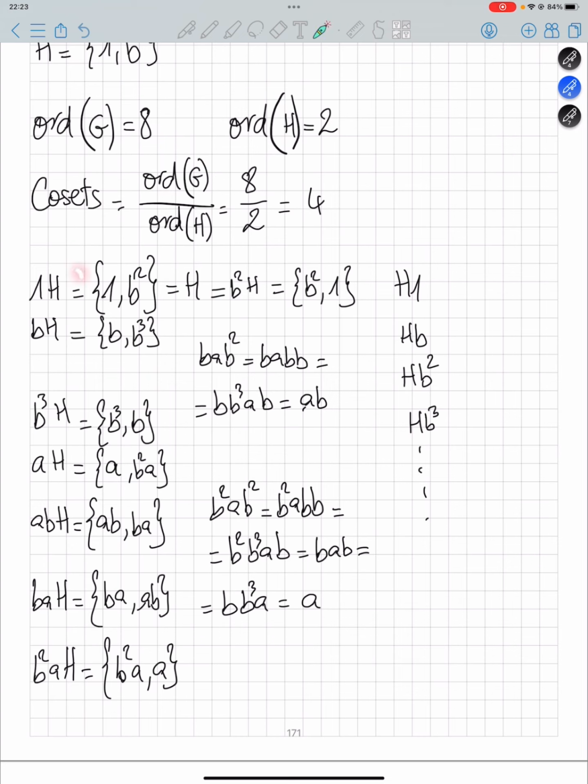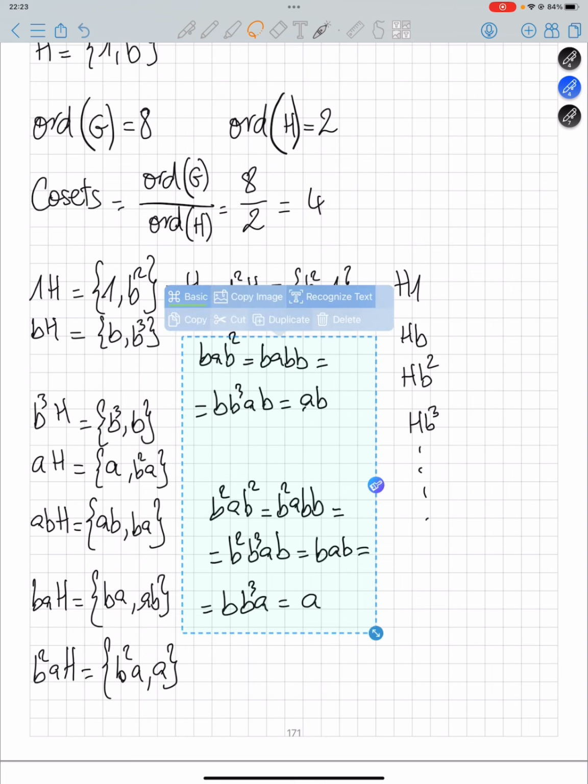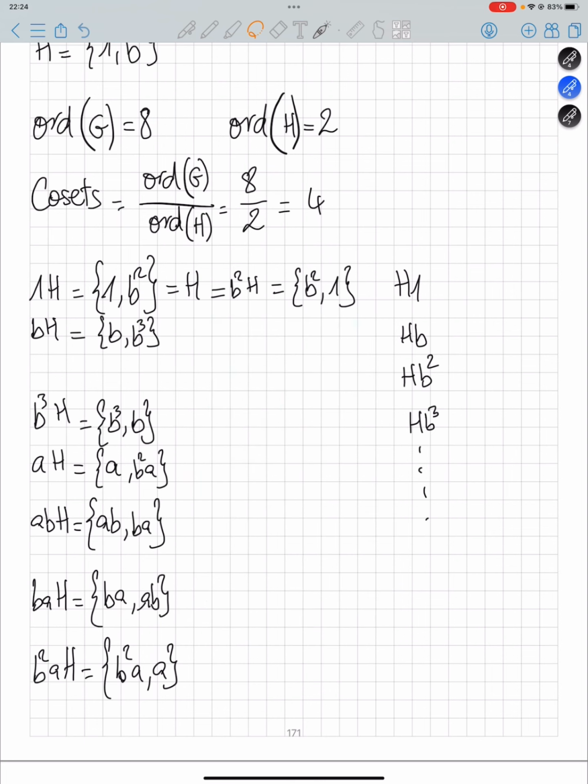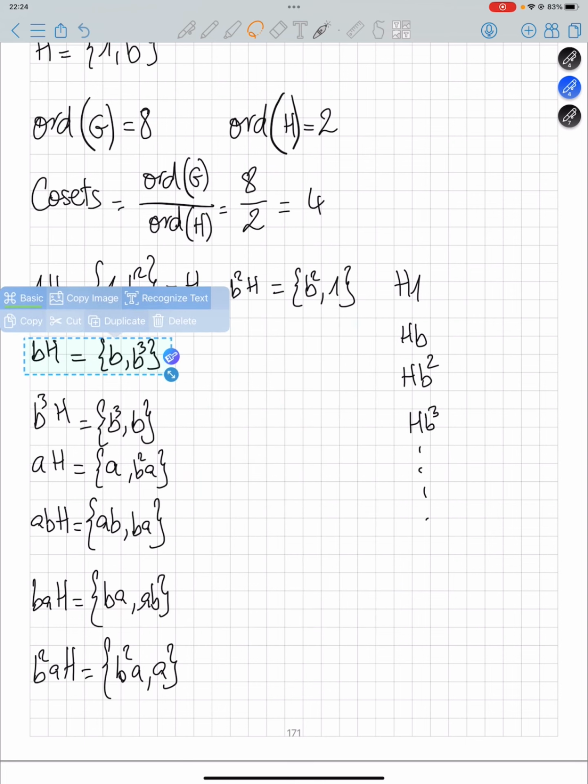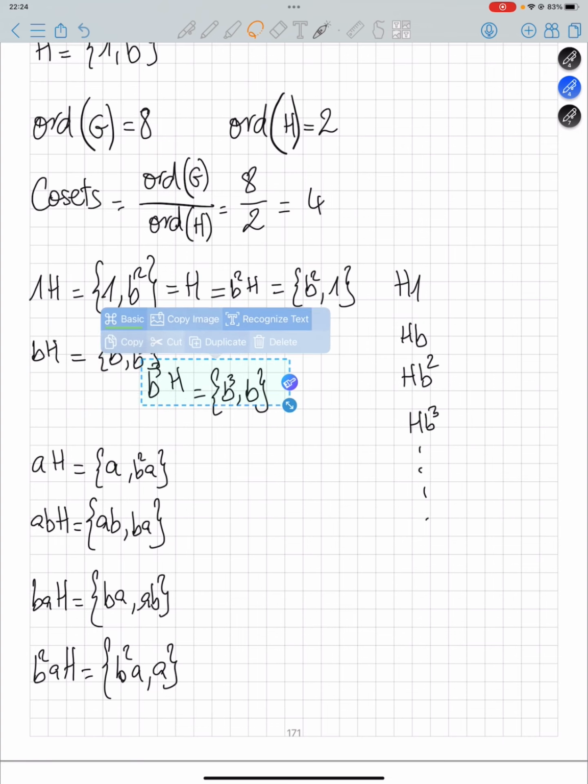Identity H is this set, which is the same as this set, right? Now here we have B cubed, here we have B cubed, so this one and this one are the same, right? So let's delete this, so we can say this one is the same as this one here.